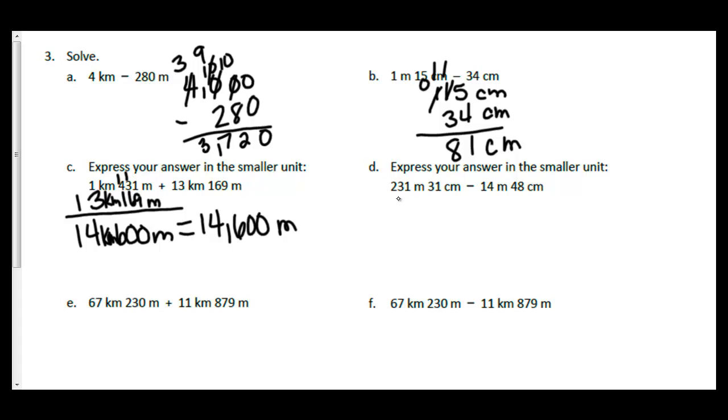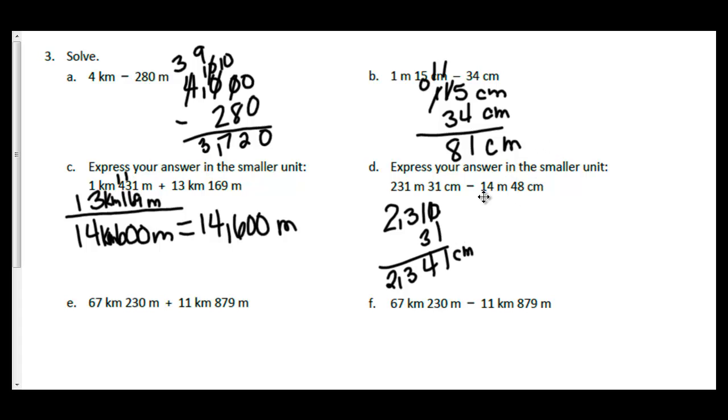So let's say 231 meters is going to be 2,031 meters plus 31 centimeters. Give me 2,341 centimeters.